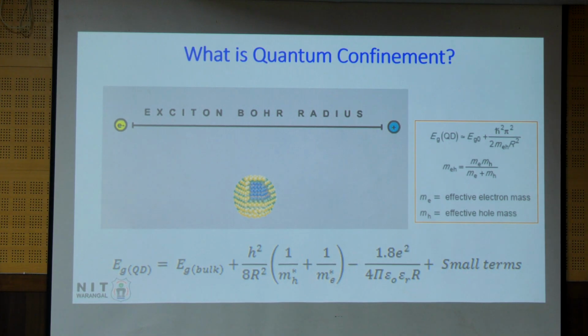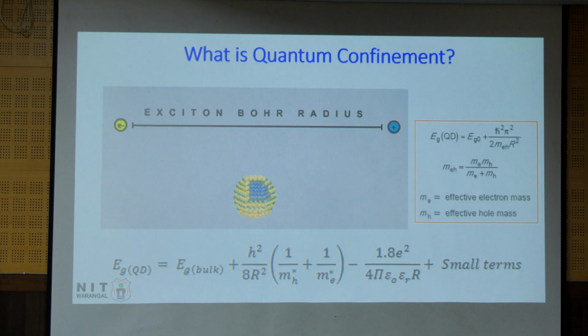So there could be three types. One is strong confinement. You have the exciton Bohr radius this much, and you have a very small particle, so this much is to be squeezed and present in that small size. So it shows very strong confinement. The very abnormal properties you see in quantum dots are because of strong confinement.